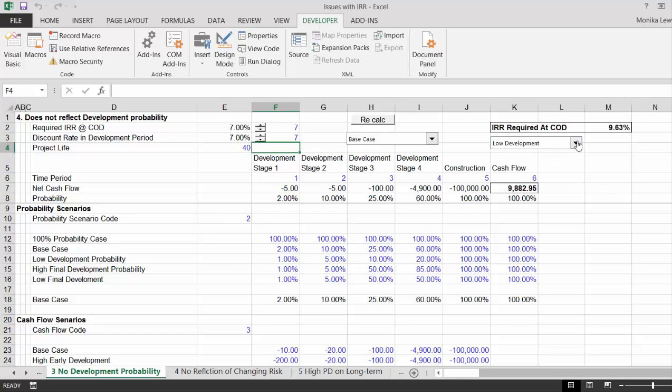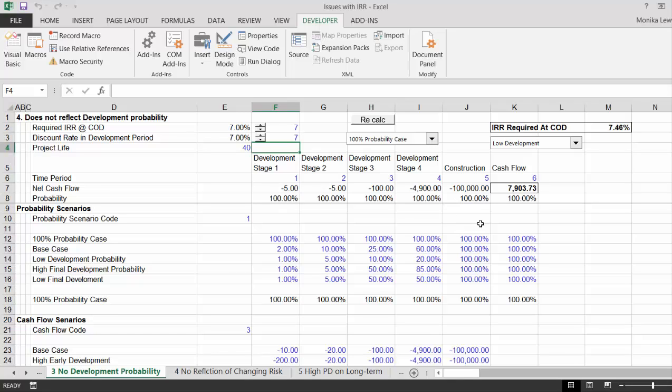Low development, we only need 9%. And if there's a higher probability, I did something wrong with that higher probability case. Okay, and I guess here's the other thing this is showing me. It does show you that creating scenario analyses does check your work, doesn't it?